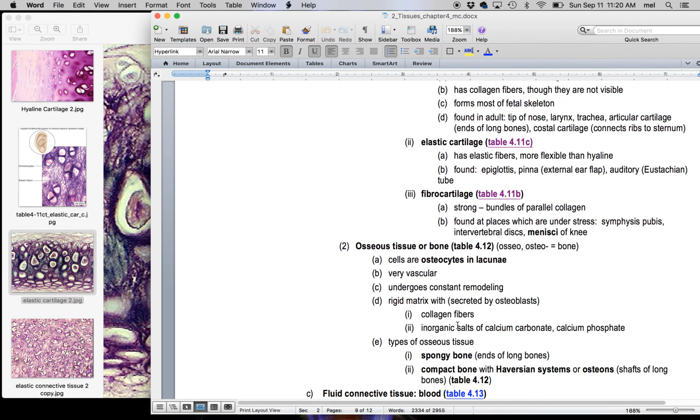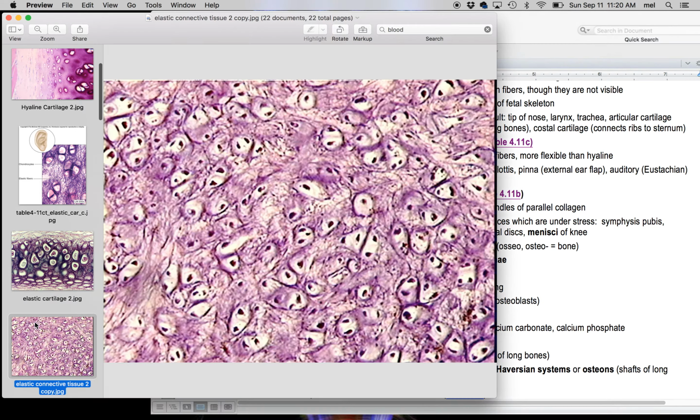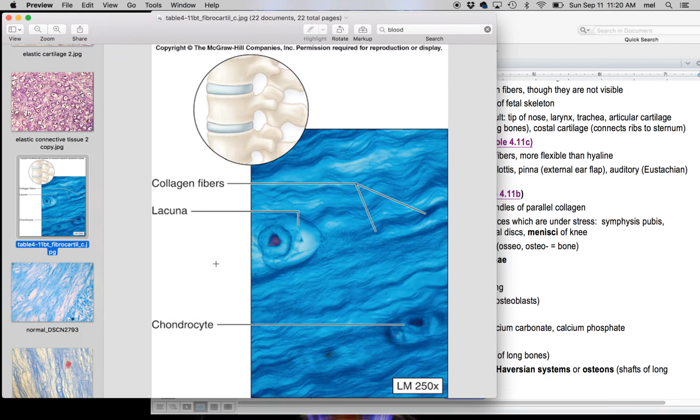And then the last cartilage is fibrocartilage, and fibrocartilage has parallel bundles of collagen fibers. It is the strongest of the three cartilages, and you find it where two bones come together with a lot of stress or pressure. So right here, the intervertebral discs are made of fibrocartilage. In addition, there's fibrocartilage between your mandibular condyle and your mandibular fossa in your jaw.